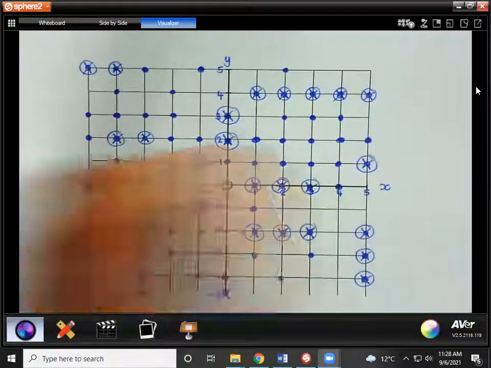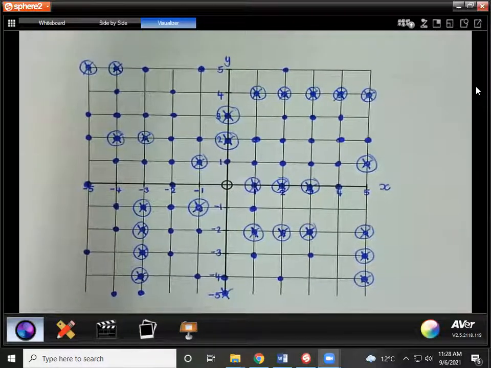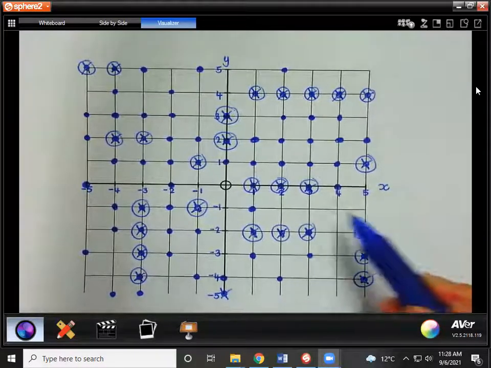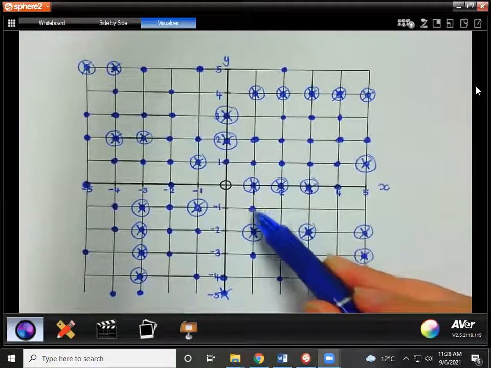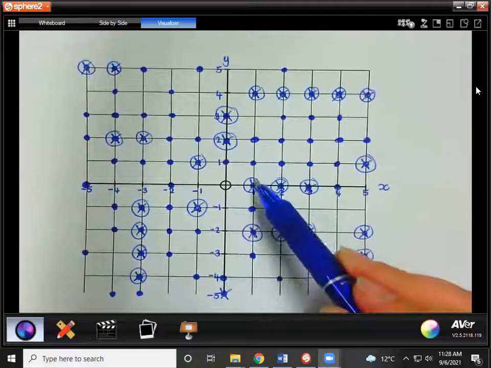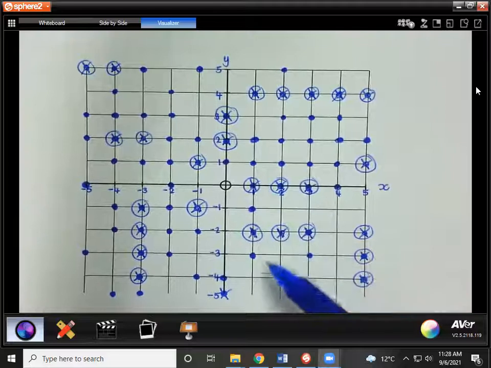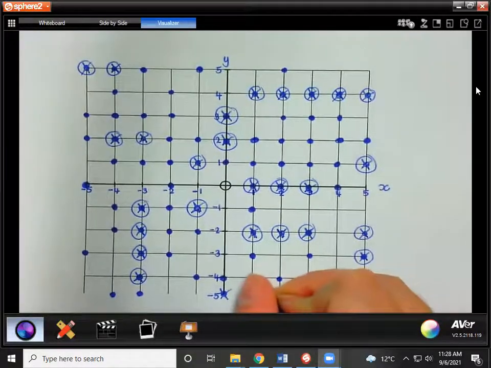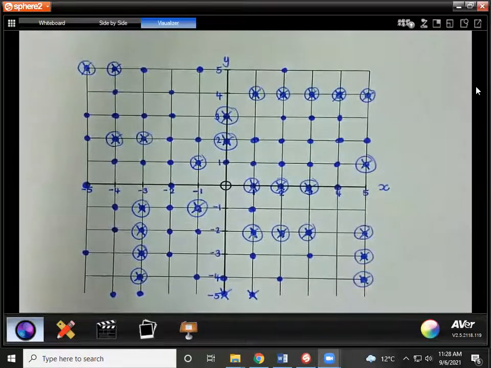-5, 0, miss. 1, -1 is there already. Is that one there? 1, -1. There's some more here. 1, -5. That is a hit. That is a battleship.